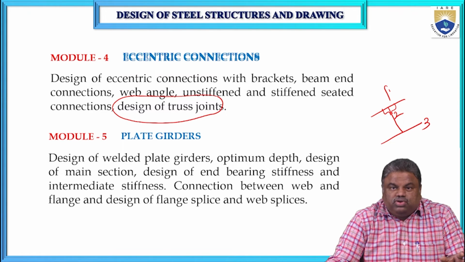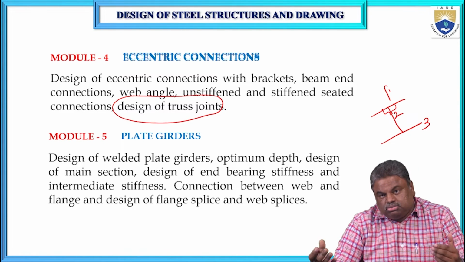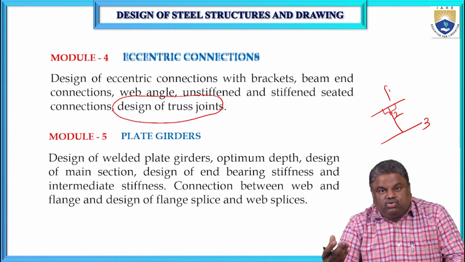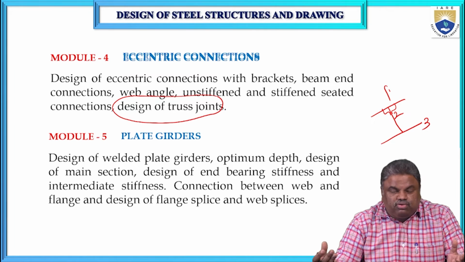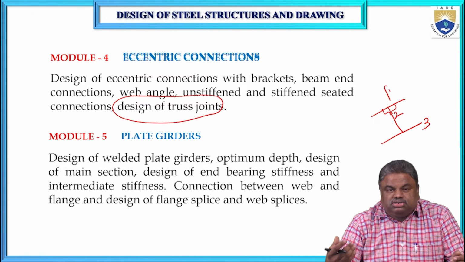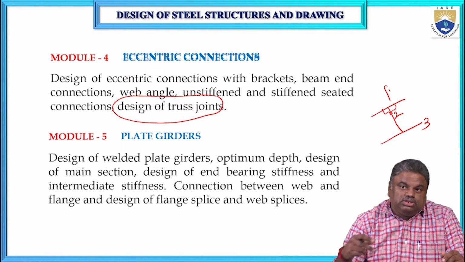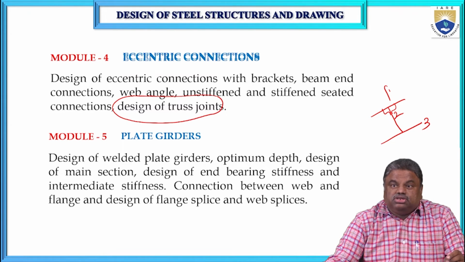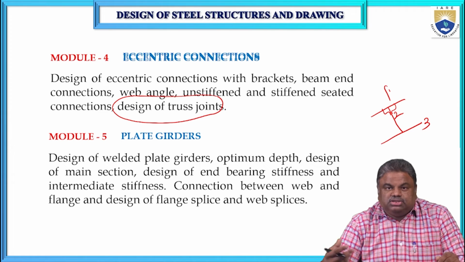And the connection between web and flange, and the connection of the bearing stiffeners to the web, end bearing stiffeners to the web portion, and intermediate stiffeners to the web portion as well as the flange portion. How to design those connections. Even splices: web splices, flange splices.